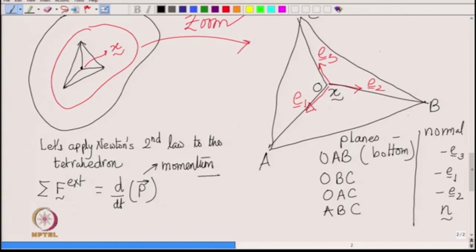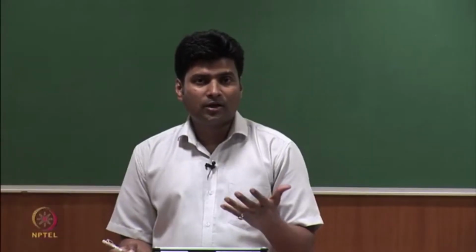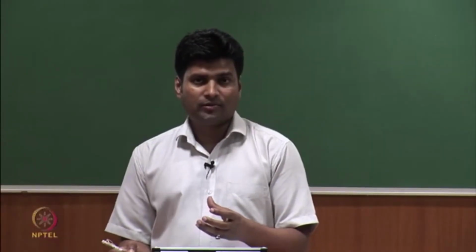Okay. So, what are the external forces that act on this tetrahedron? See, we have to imagine taking out this tetrahedron from the original body. So, when you take it out, the other part of the body is going to exert force on the tetrahedron.